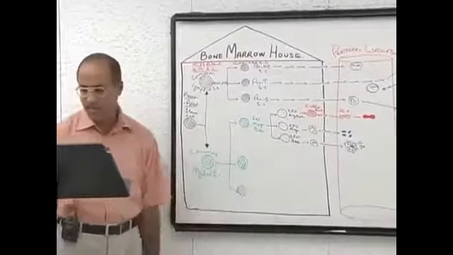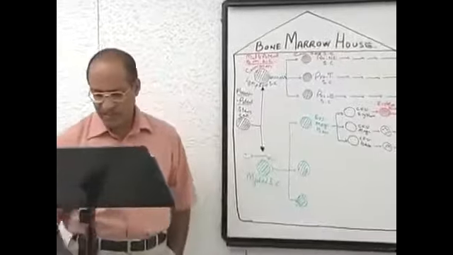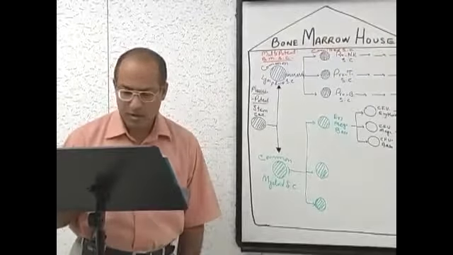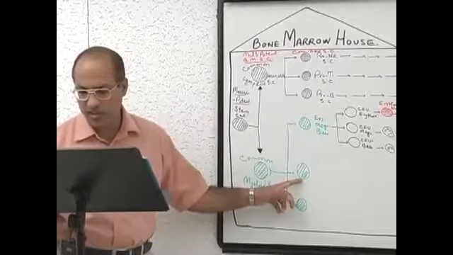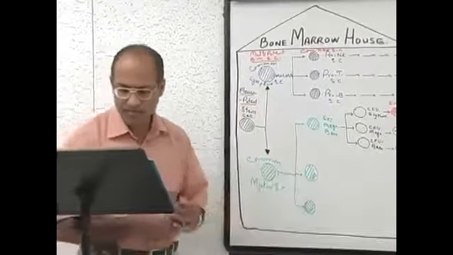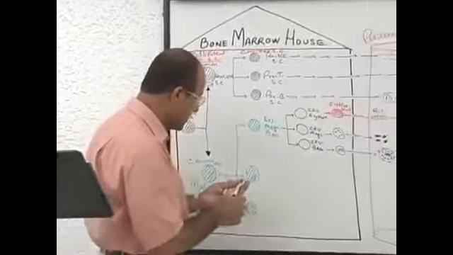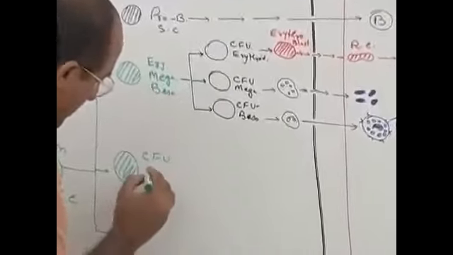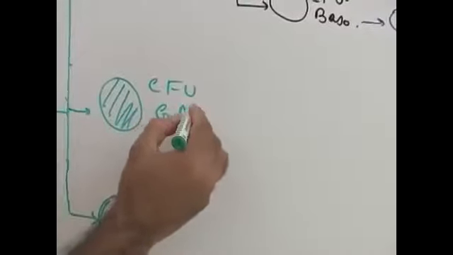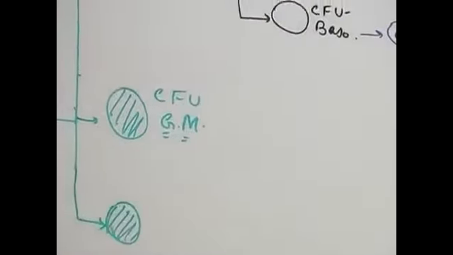Now we come to the next committed precursor cell, the next committed stem cell, which is committed to make the colony forming unit. We call it colony forming unit GM. GM does not stand for general motor.